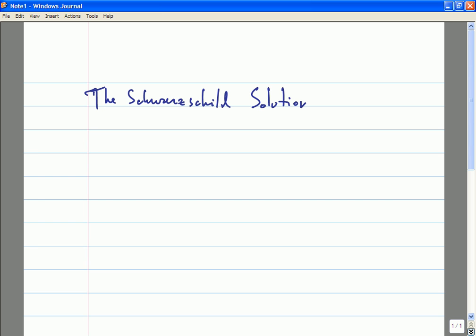So the starting point for our discussion of the experimental tests of general relativity will be the Schwarzschild solution, which is the solution of the equations of motion of general relativity that we derived last time. So let me just write down the solution for you. The metric that we are considering is the metric of general relativity in the presence of a static, spherically symmetric object.